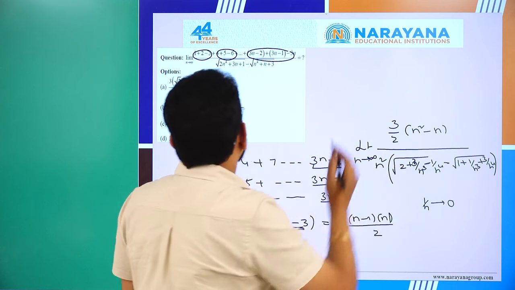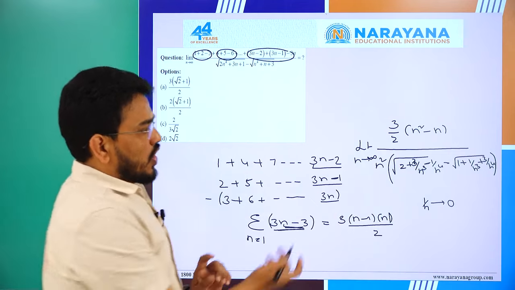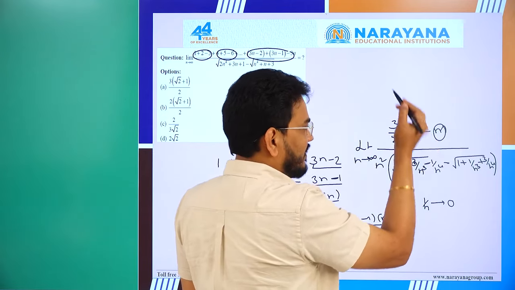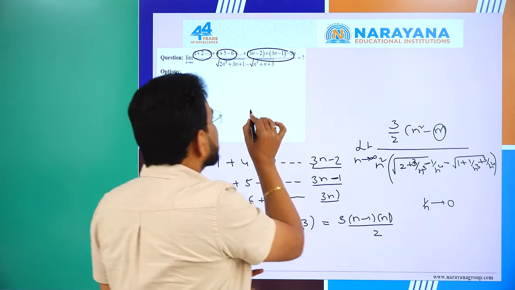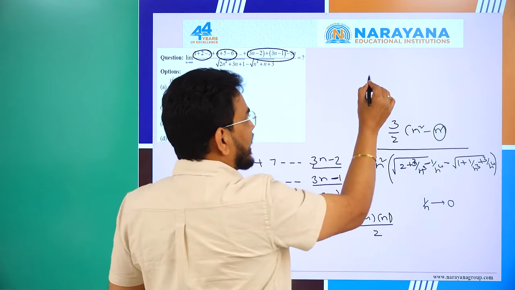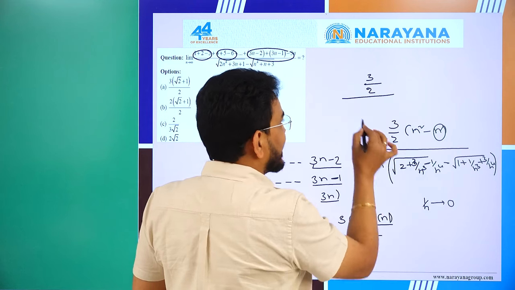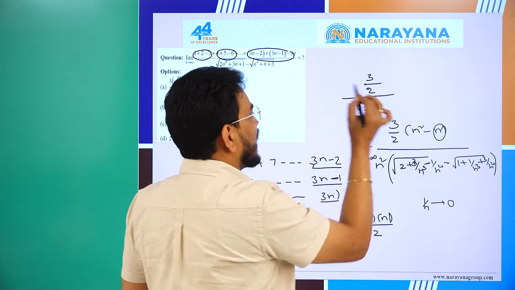tending to infinity. So here also if I take n square out, here 1 by n will be there, here 1. So the answer will be 3 by 2 by root 2 minus 1.